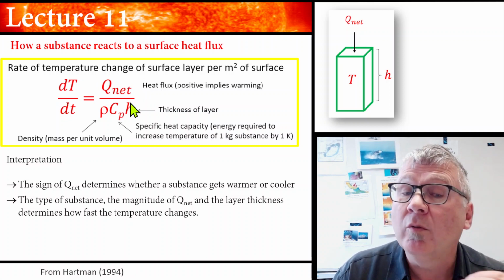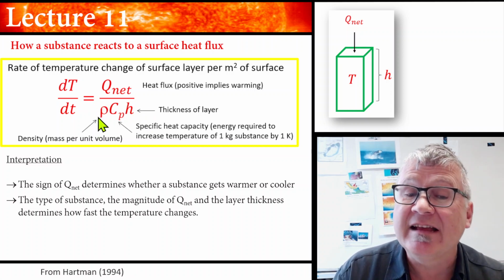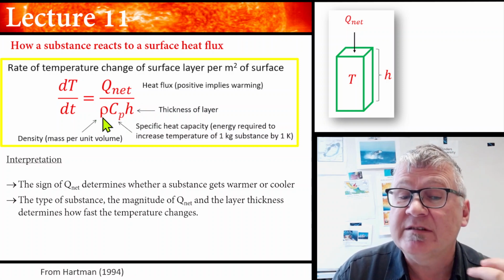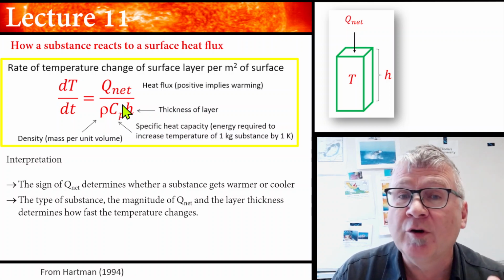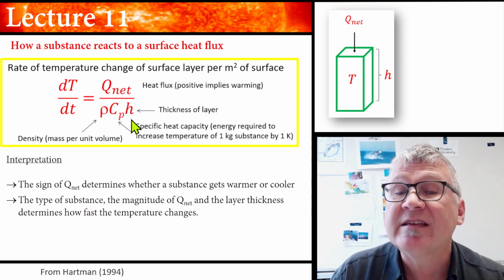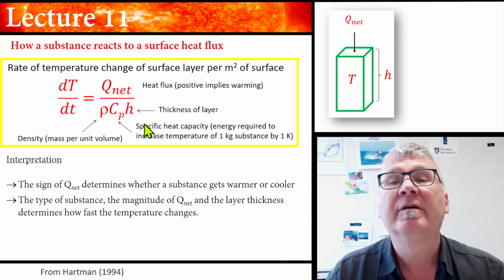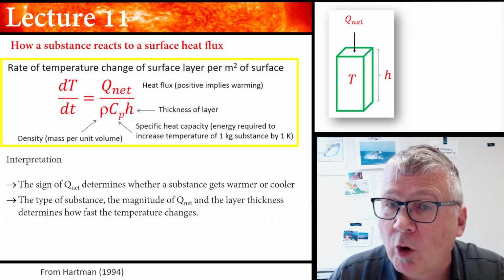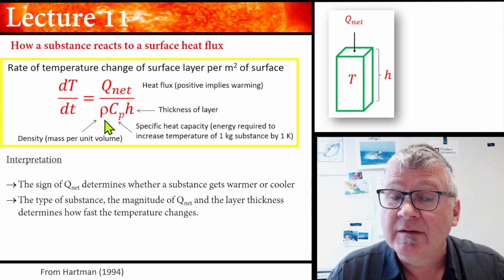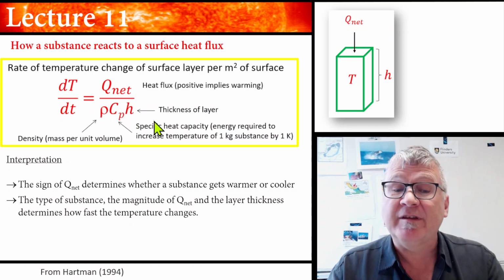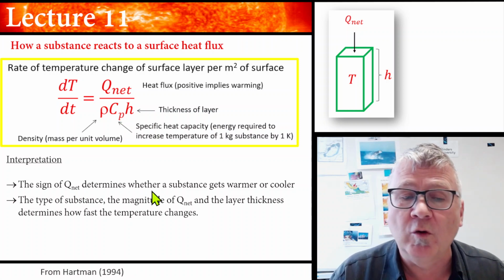All the other features here, the density, which is the mass per unit volume, the specific heat capacity, we talk about that on the next slides, and the thickness of your layer control how fast this cooling or warming is. So, interpretation: the sign of the heat flux determines whether a substance gets warmer or cooler.